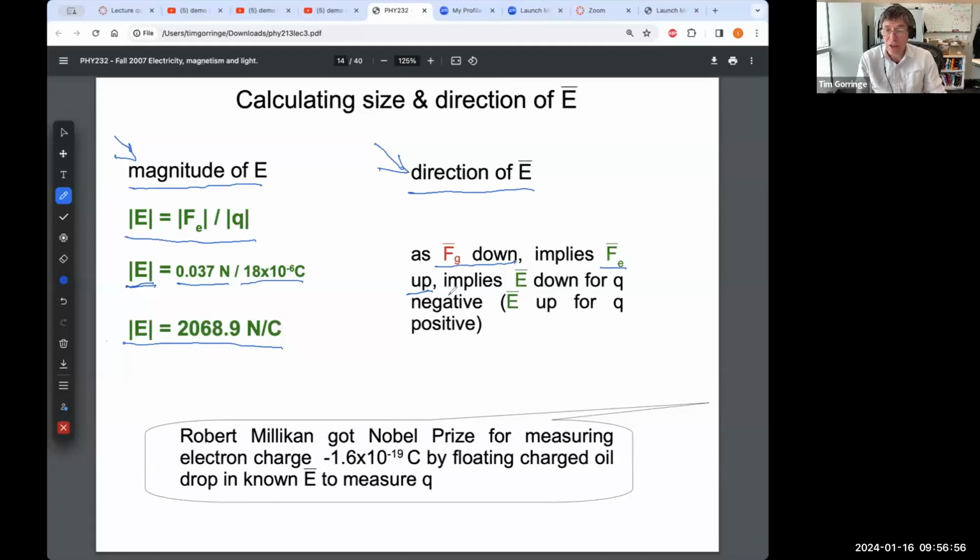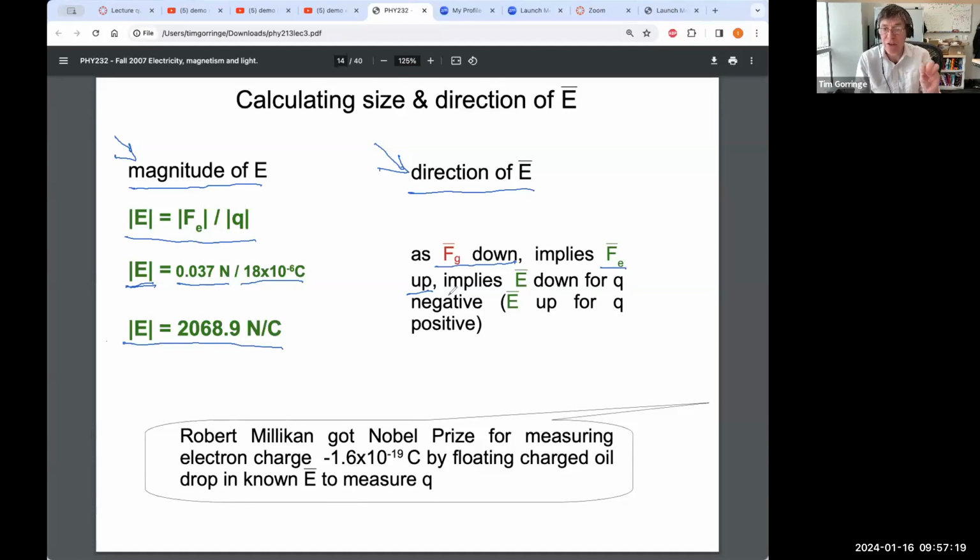The field equation tells me that, remember, E, which is a vector, equals F, another vector, divided by Q. If you divide the force by a positive charge, the field will be in the same direction as the force.